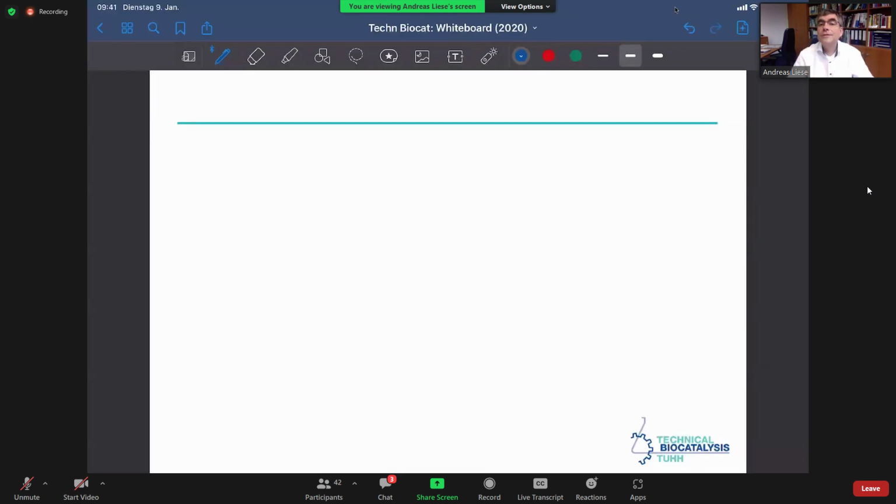Here it comes. Okay. So the task is the following, like what we talked before. We have one target compound, and this target compound now will be an amine. And this is this compound here. So it's an aromatic amine. And now the task is that you should think about different reactions from different enzyme classes, making use of to synthesize this compound.